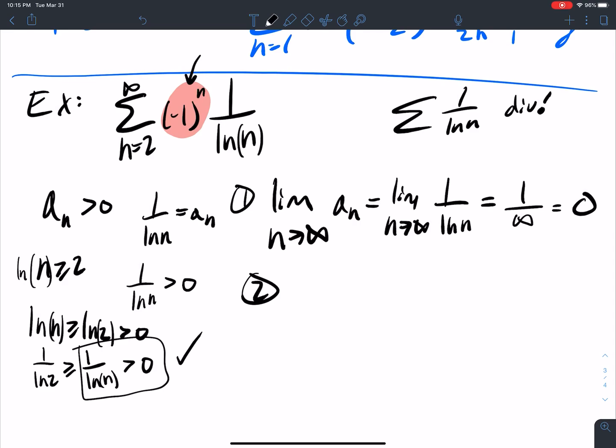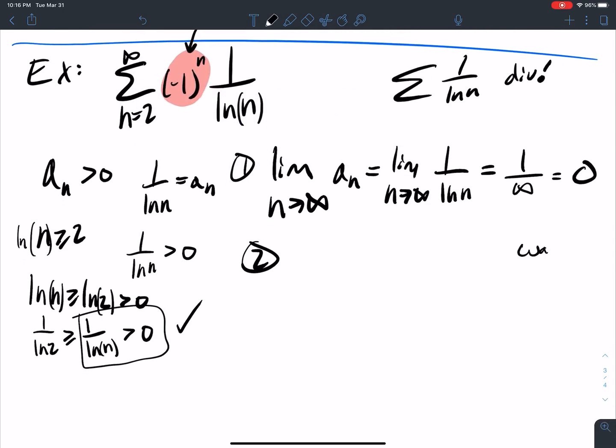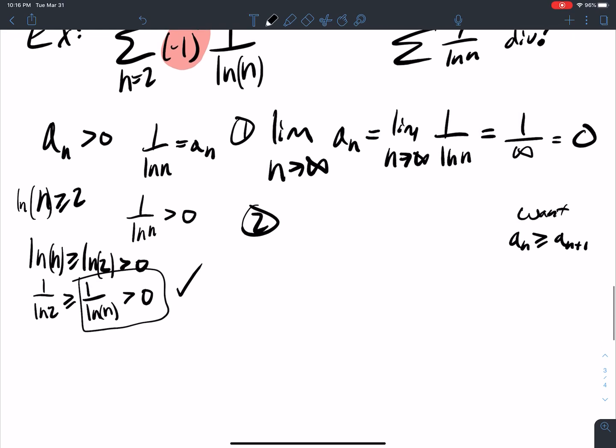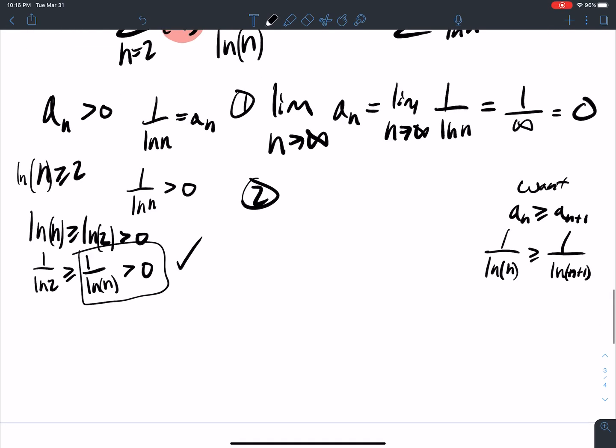Number 2, I need to show, so what do I want? I want an to be decreasing. So an is going to get smaller and smaller as I go out. So what do I want? I want 1 over ln n to be greater than or equal to 1 over ln n plus 1. So how do I do that? Let's just start with what we know, okay?